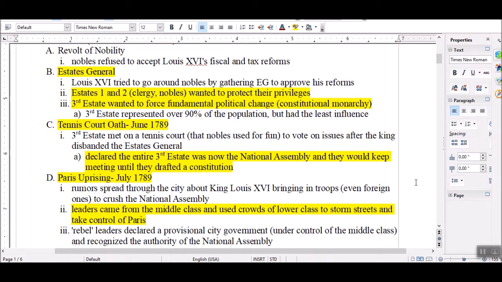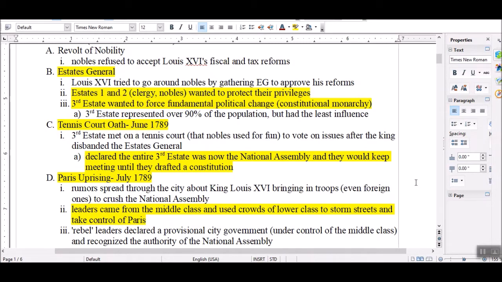Not so much. Estates 1 and 2, the clergy and nobility, seek to protect their privileges. The third estate is so fed up with everything, so tired of seeing people starve in the streets while they know others could help and don't. They're so tired of the monarchy having unlimited power, absolutely no checks on the king.